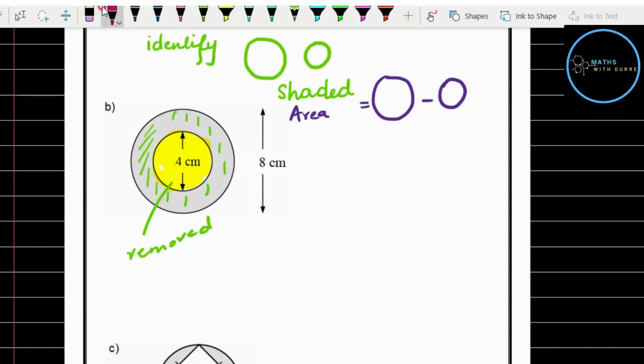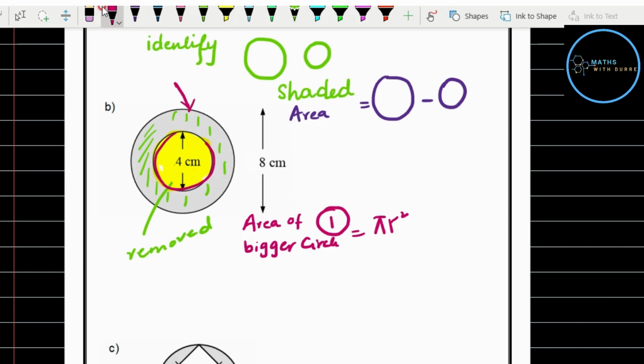Okay. So area of bigger circle, or you can say circle 1, pi r square. Is this a whole circle? Yes, from this whole circle, this small circle is removed.